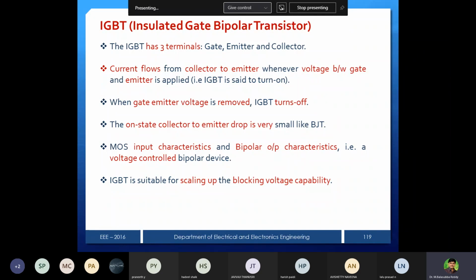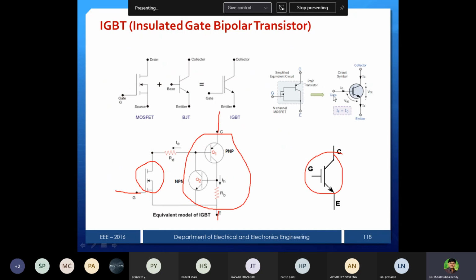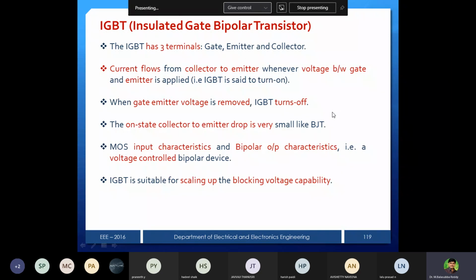Current flows from collector to emitter. If you apply a voltage between gate and emitter, the IGBT will turn on. Here we have gate and emitter, so if we connect a voltage across these two terminals, the device is going to turn on.